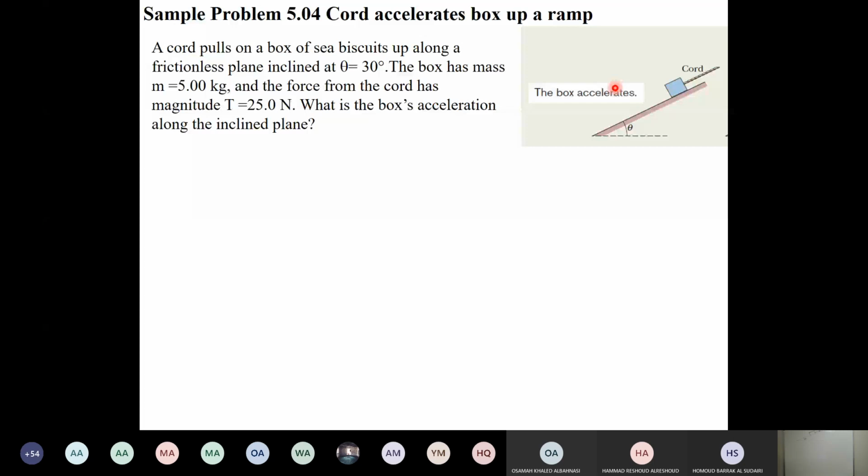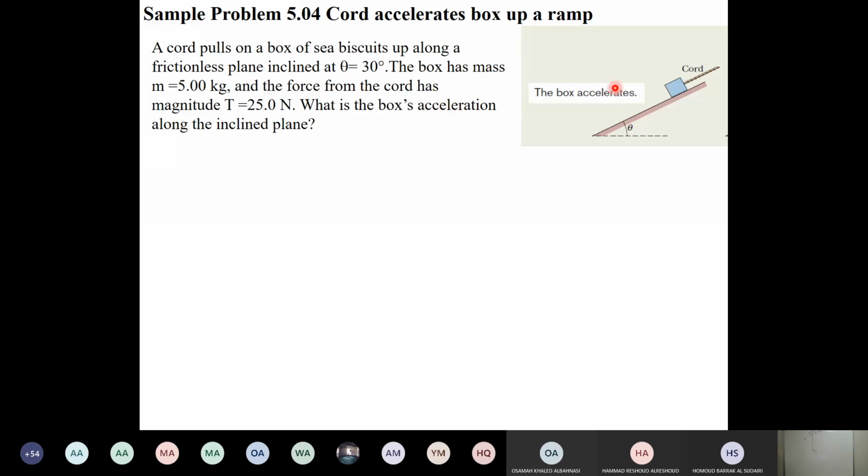Now, it does not matter wherever the block is, if this is the earth, then the weight is going to be straight towards the earth. The weight line goes straight towards earth, no matter where the block is, on which surface it is.